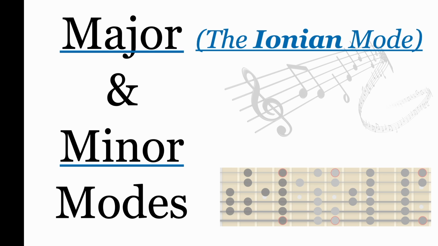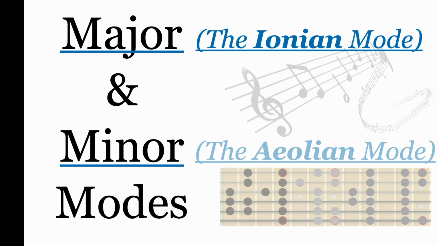Same thing with minor, right? We have a lot of minor modes, but we often refer to the minor scale. And like I said, modes really are just a variation in the scale. It's just a different combination of whole steps and half steps. And the minor scale is really the Aeolian mode. So the minor scale as we know it is the Aeolian mode.